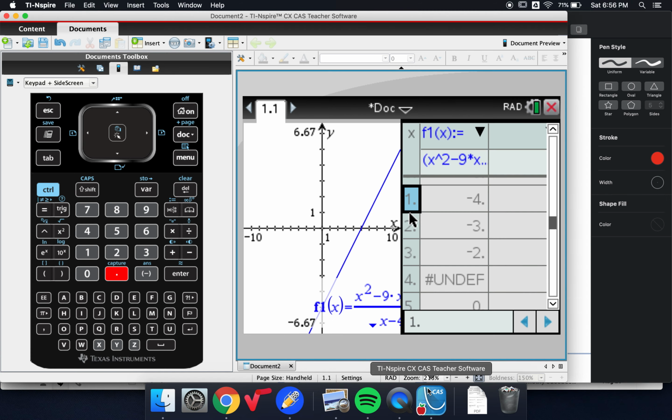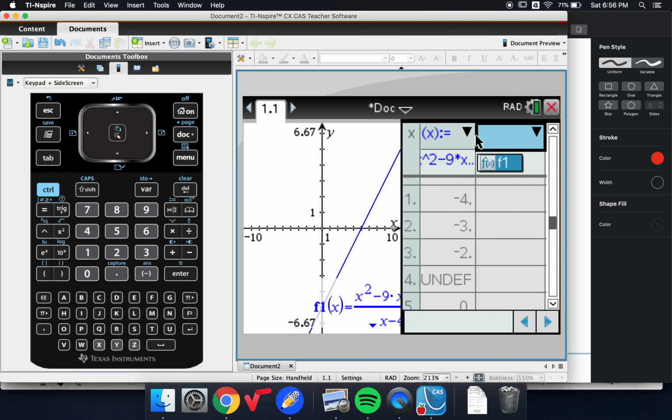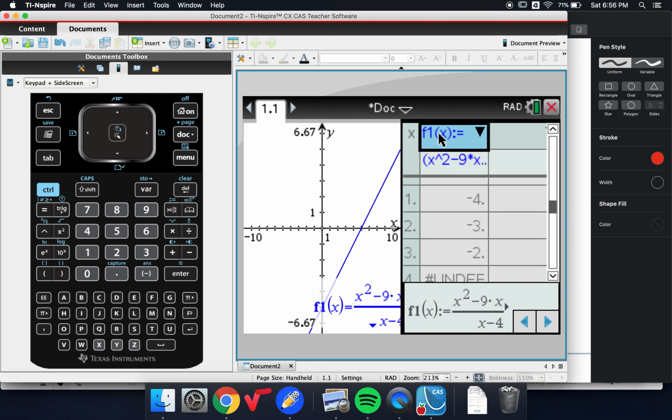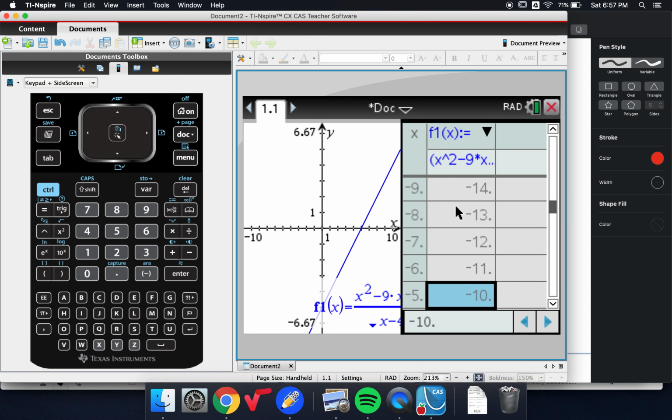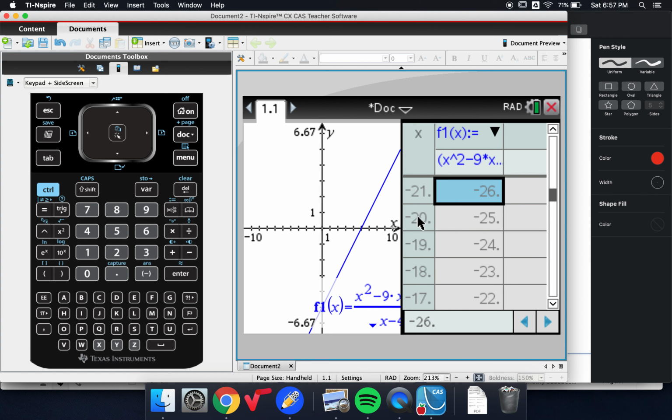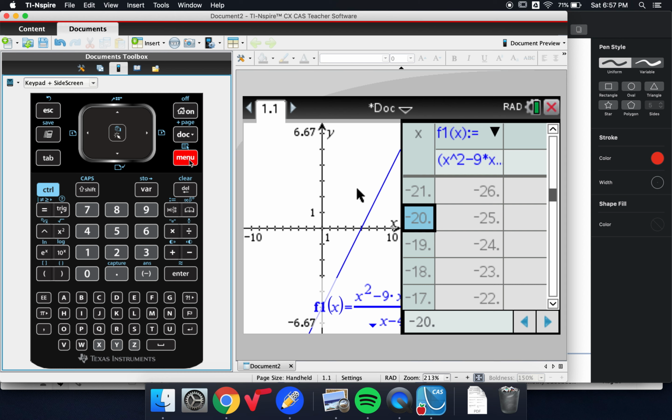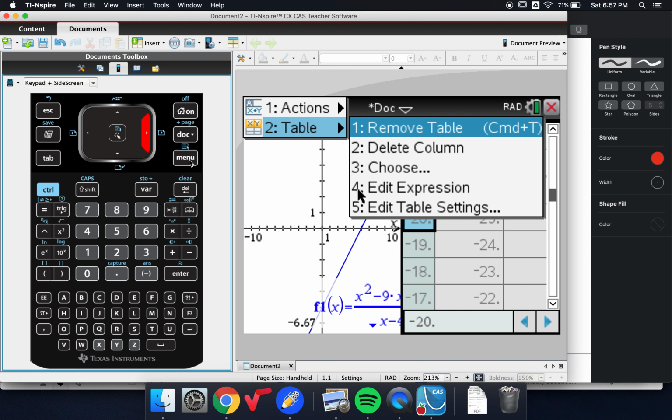So let's see, can I replace that? No. X equals. Okay, someone's going to have to teach me how to do this because I need help with my table. Let's see, table.